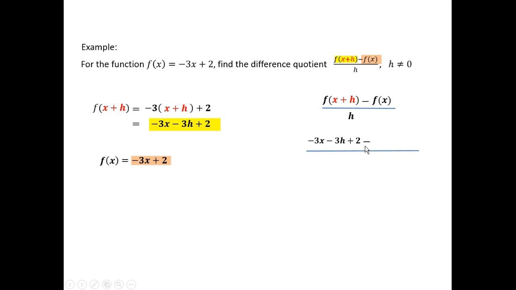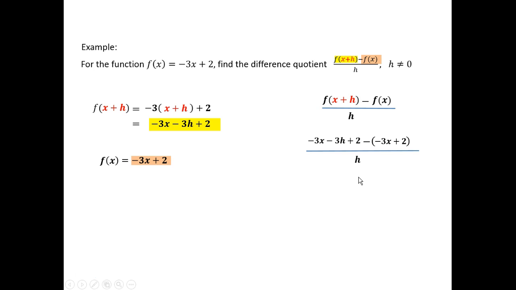Students make sign errors on this part a lot because of grouping symbols. I'm getting ready to subtract an expression from something else. So what I need to do is make sure that this second part that I'm getting ready to subtract, my f of x, always put it inside of parentheses. So the f of x is the original function, the negative 3x plus 2. So that's what goes inside of parentheses. Negative 3x plus 2. Now I need to put this over h.